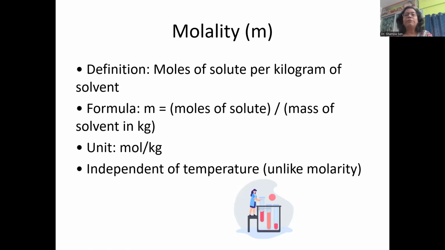And how is it different from the previous concentration expressions, normality and molarity? It does not depend on temperature. Why so? It's mass, right? Number of moles of solute divided by mass. So obviously, mass will not depend on temperature. Volume may depend on temperature.